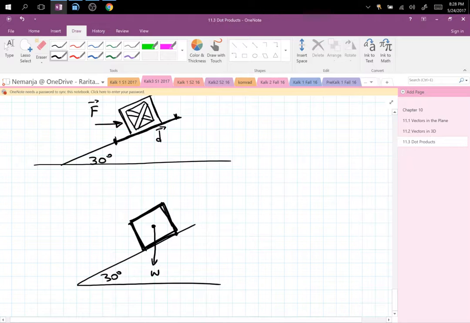So we have the weight of the crate, which is mass times gravity, mass in kilograms, and then gravity of the planet, on average 9.81. You have the force down the incline. You have the normal force, which is responsible for friction, which is mu kinetic times the normal force.